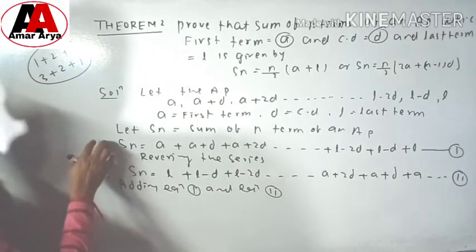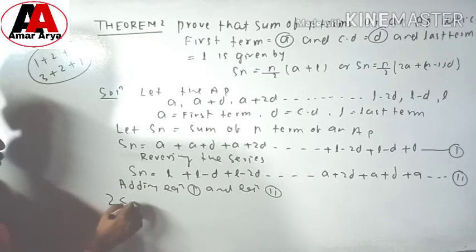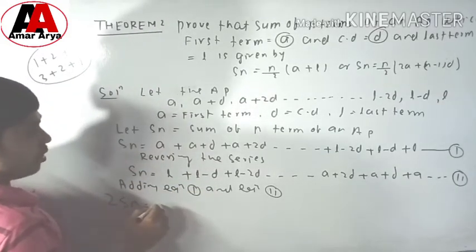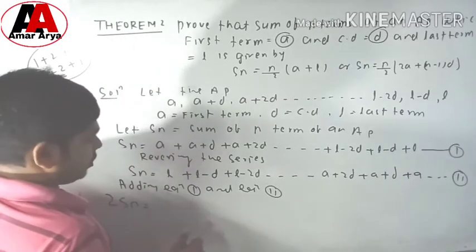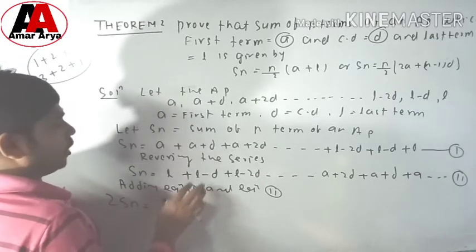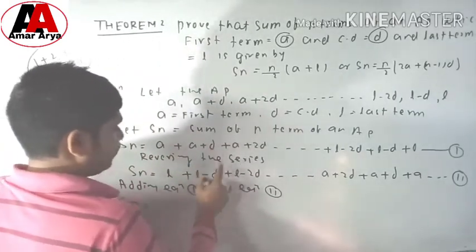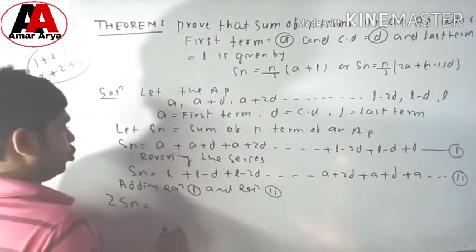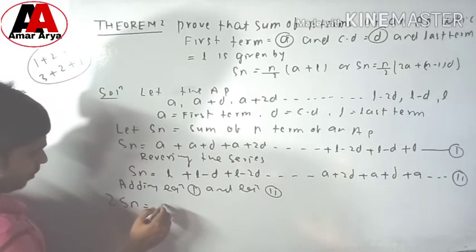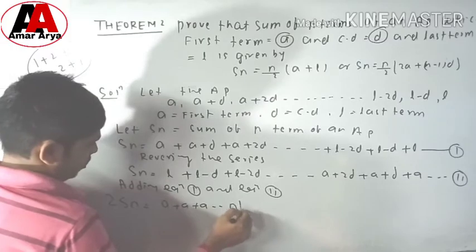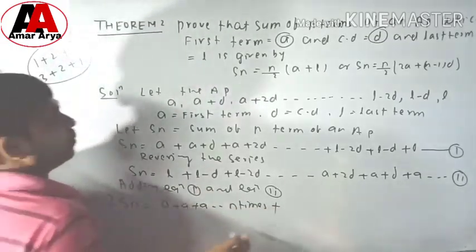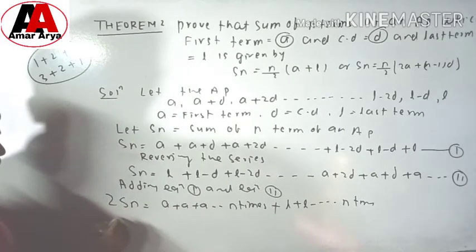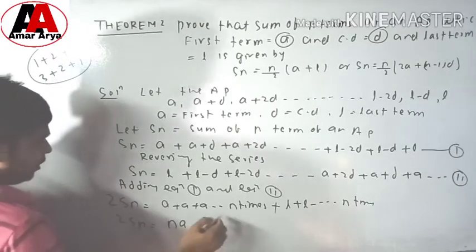Adding them, we get 2Sn on the left side, and on the right side A plus A gives 2A. The D terms cancel: D minus D cancels, and 2D cancels. So we get A added n times plus L added n times, so 2Sn equals nA plus nL.